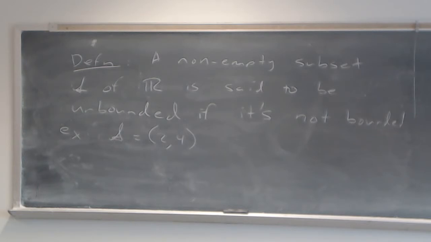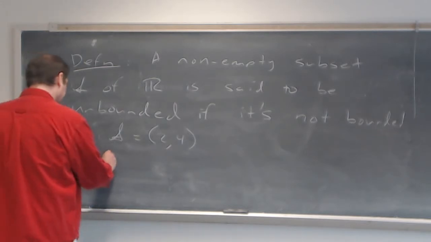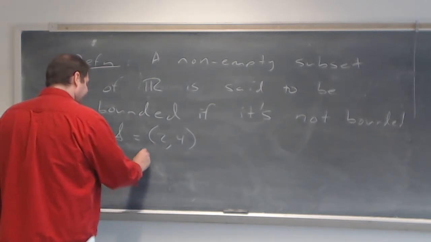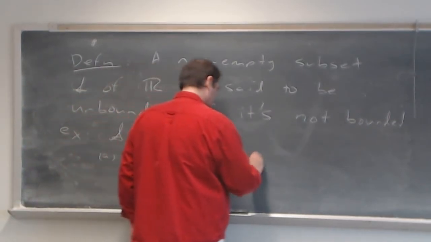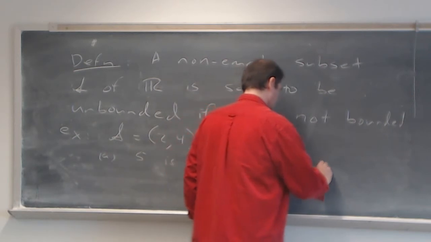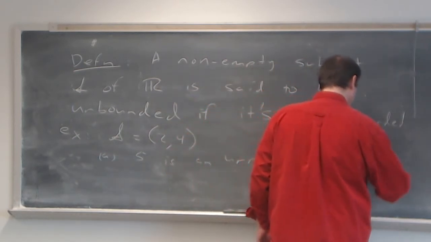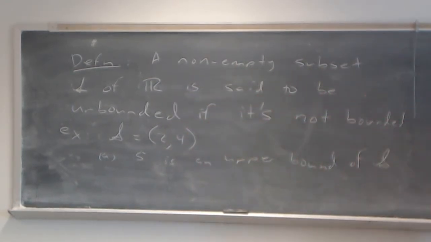That's what it means. So part A, 5 is an upper bound of script S. That's a true statement. 5 is bigger than or equal to everything in this set, script S. Is that okay?